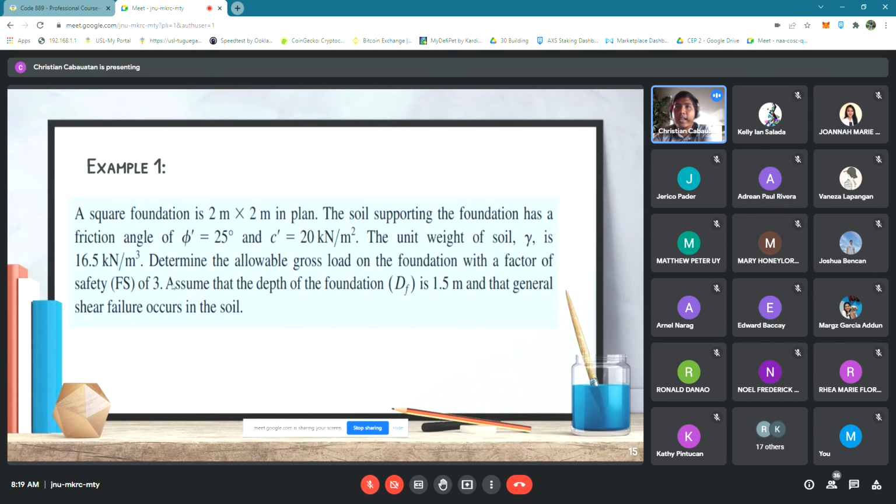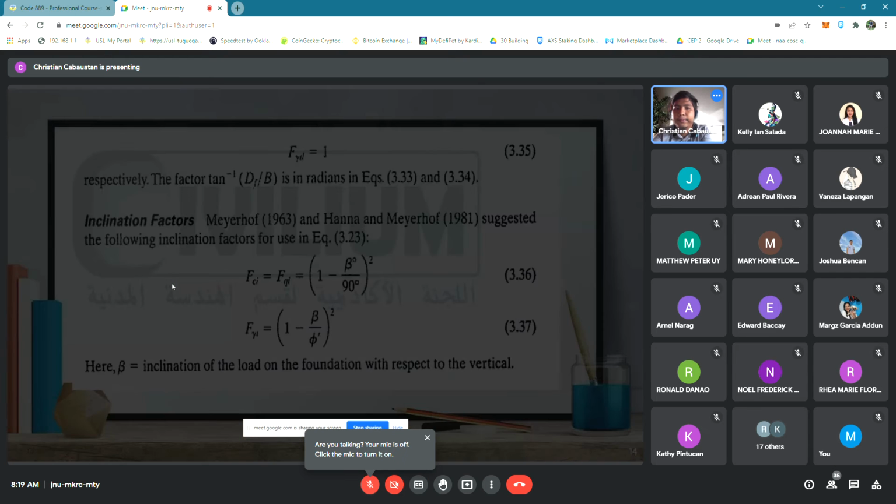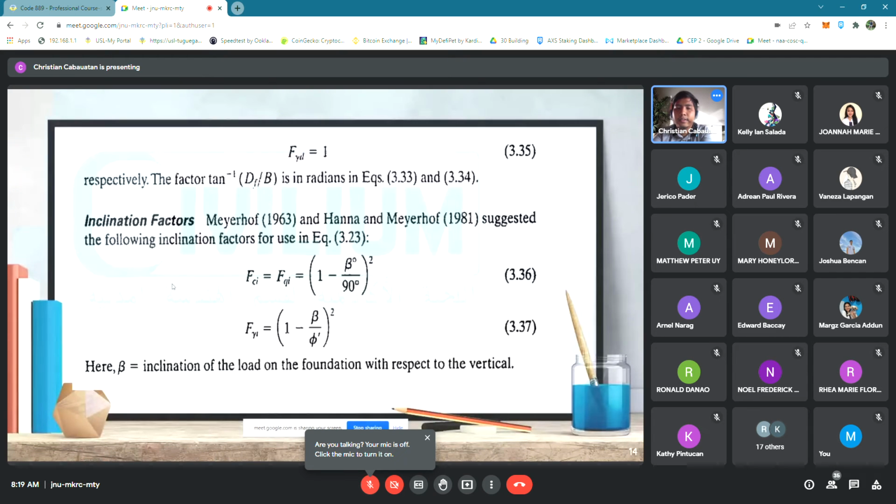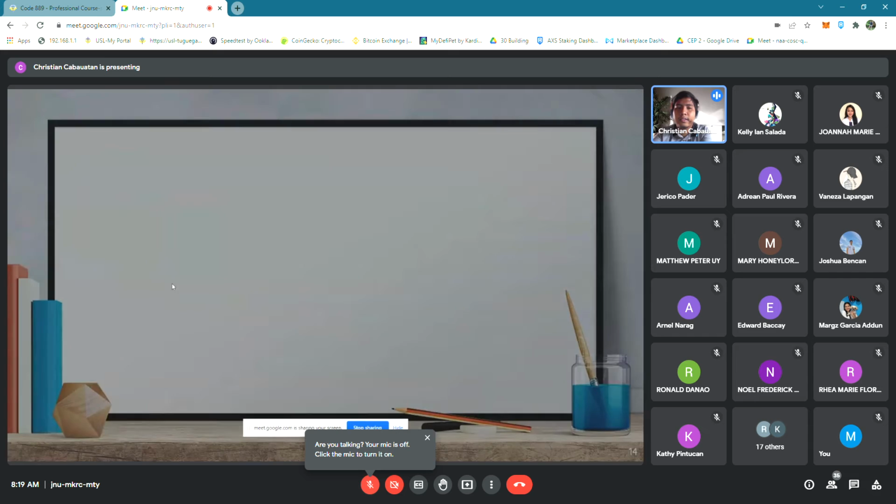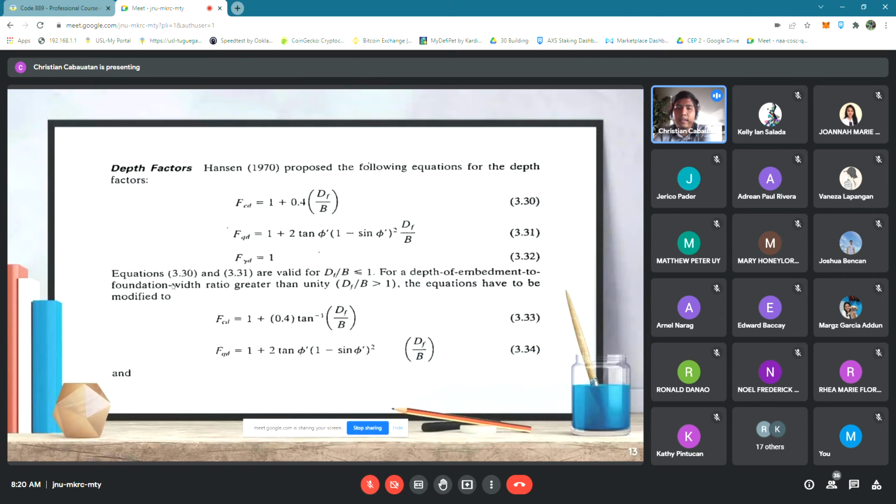And for the last term, which has the gamma or the unit weight, it would be F gamma S, F gamma D, and F gamma I. Don't worry, F gamma D is always gamma D.